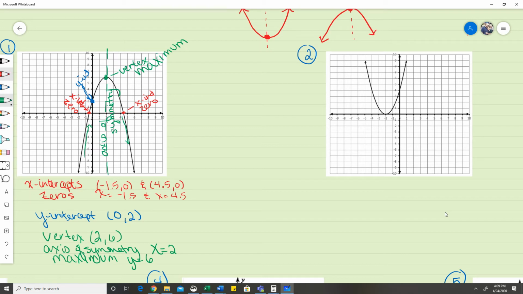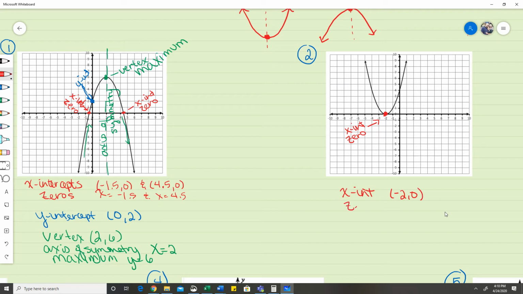If we look at the next graph here, our x-intercepts. Okay, well, we only have one x-intercept right here. It's the only place it touches the x-axis. So the x-intercept, our 0, so the x-intercept is at -2, 0.